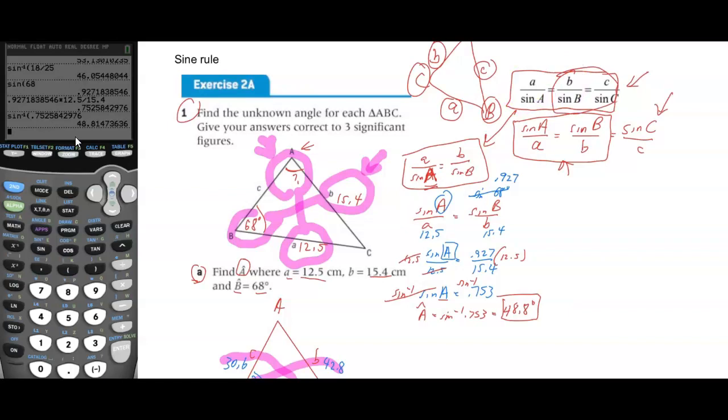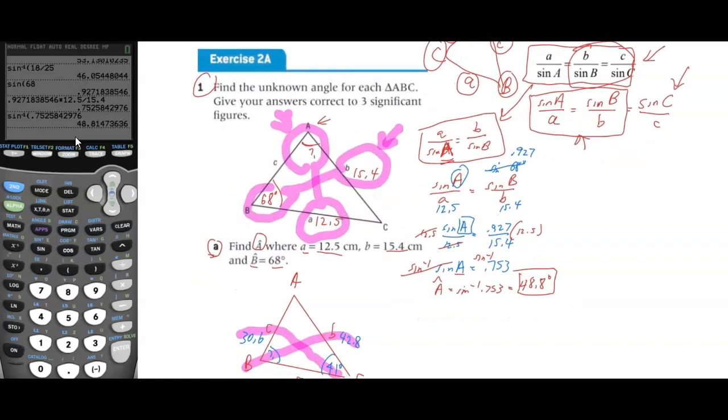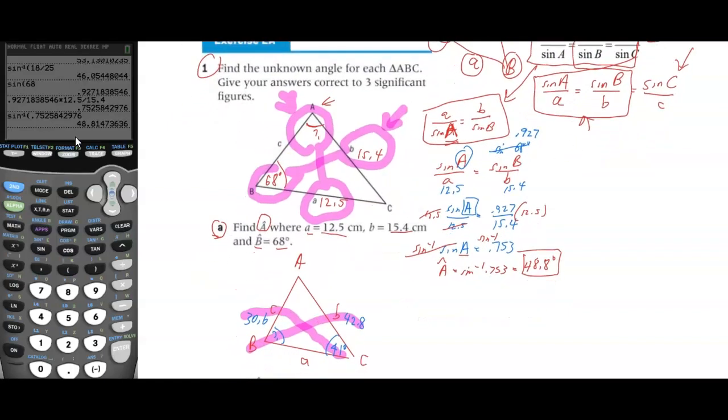Okay, now do we want the little b and little c on top, or do we want the big B and the big C on top? Do we want this one here, or do we want this one here? Let's look at what we want to know. We want to know capital B, so we want capital B on top. Okay, that makes it easier. So we'll put sine of capital B divided by little b equals the sine of big C divided by little c.